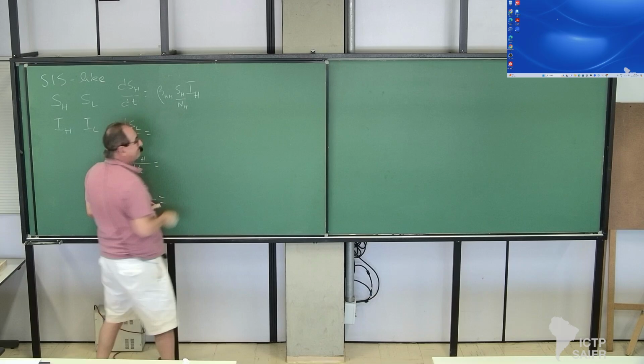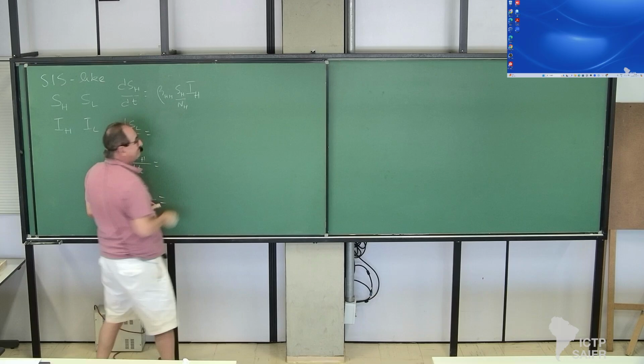Okay? So this takes into account that you have a person of low risk infected, which has a certain contact and certain probability of infection, beta_HL, times the probability that the person that is being contacted is actually a high risk person. Okay.